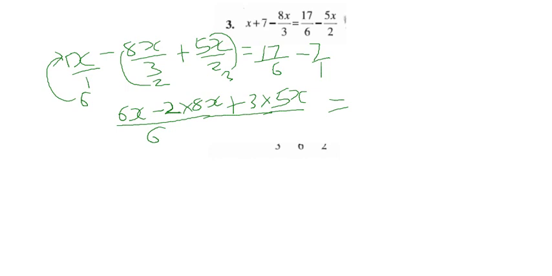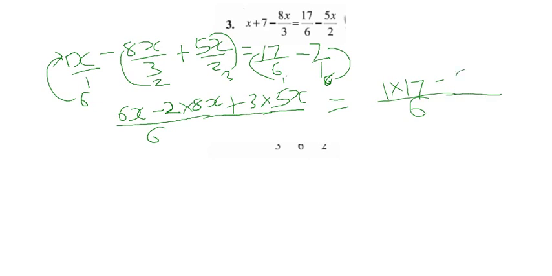So on the right side also 6 is the common denominator, so we can write 6 under here, and 6 divided by 6 is 1, and 1 multiplied by 17, with the minus here, and 6 divided by 1 becomes 6, and this 6 you multiply with 7, so that's the denominator.